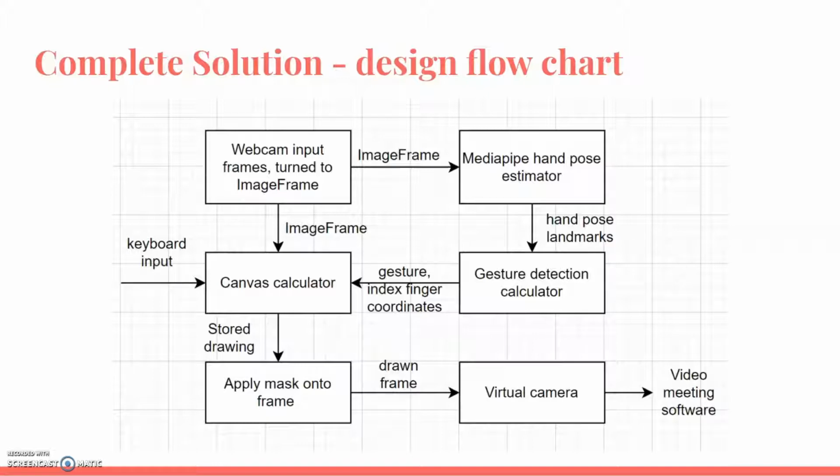Our canvas calculator takes those in, as well as keyboard inputs, and generates a mask that stores all the drawing information. This mask is applied onto our original frame, which is outputted into the virtual camera and into whatever video meeting software you happen to be using.